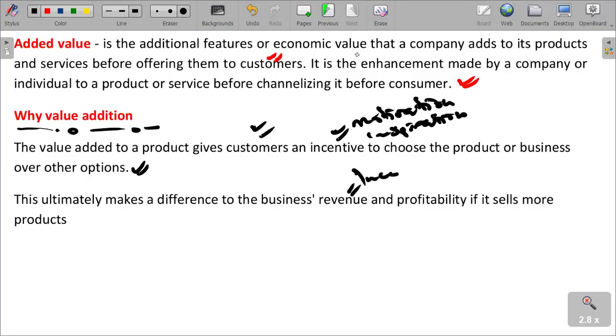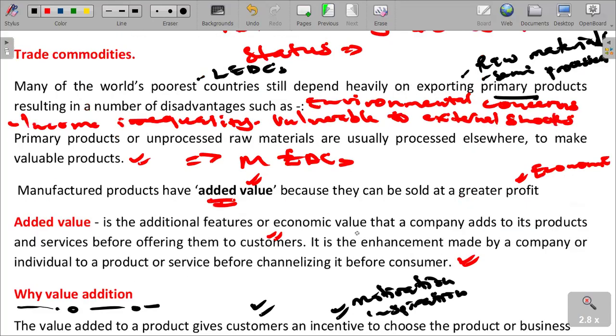Revenue, we are talking about the income and also the profitability if it sells more products. When products are being sold after they are value added, companies have a better chance, a better standing of making more profits. That is the concept that we are talking about with regards to this whole subject.